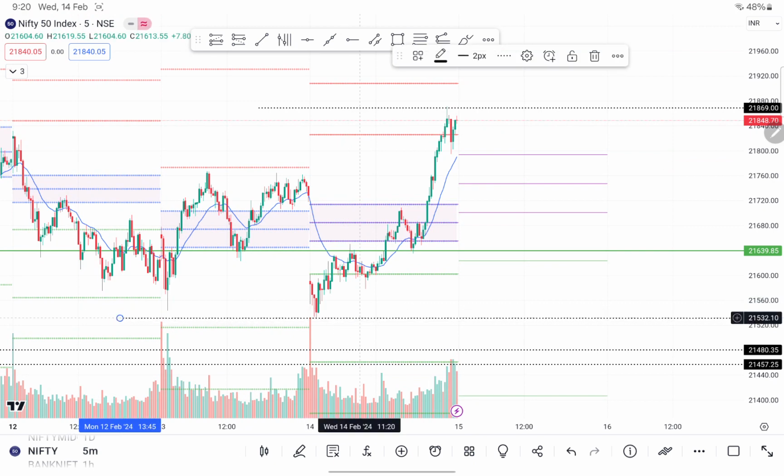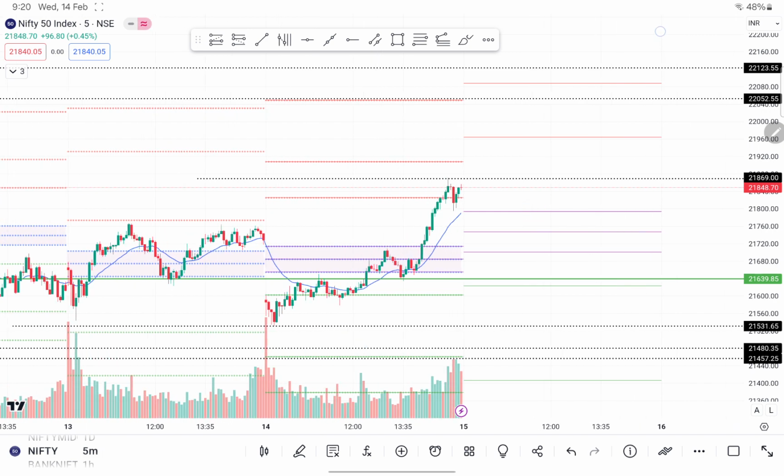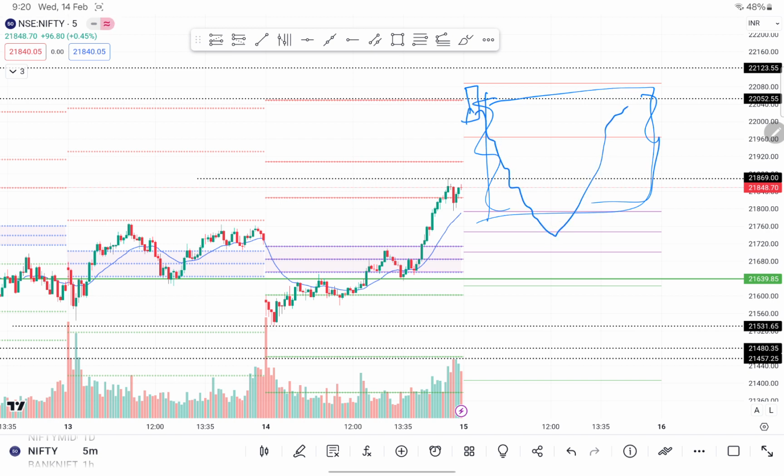This is today's low, so I'm going to treat this as a demand zone, and this is a supply zone where we had a price reversal. I am expecting tomorrow a sideways day. If it is a flat opening or gap up opening, I am expecting the market to remain between these two levels. If there is a huge gap up and then a bearish candle, I think the market can come down, take support and then move up.